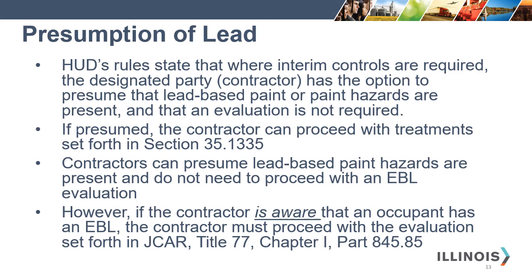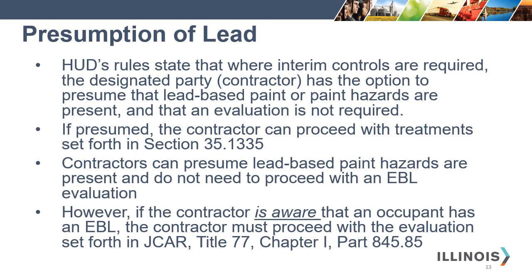So continuing on with the presumption of lead, HUD's rules state that where interim controls are required, the designated party or contractor has the option to presume that lead-based paint or paint hazards are present and that an evaluation is not required. If presumed, the contractor can proceed with treatments set forth in Section 35.1335.